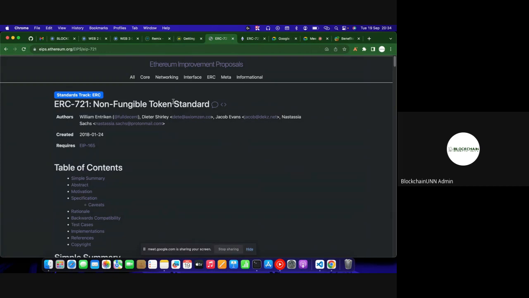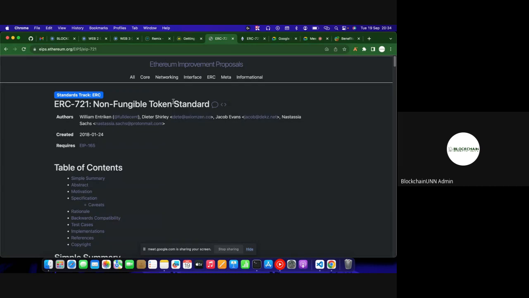You need to go through what we call an Ethereum improvement proposal. There are different levels you can make EIPs for: the core level, the networking level, and even the application level. Most EIPs you'd make on the application level are what we call ERCs, Ethereum request for comment.